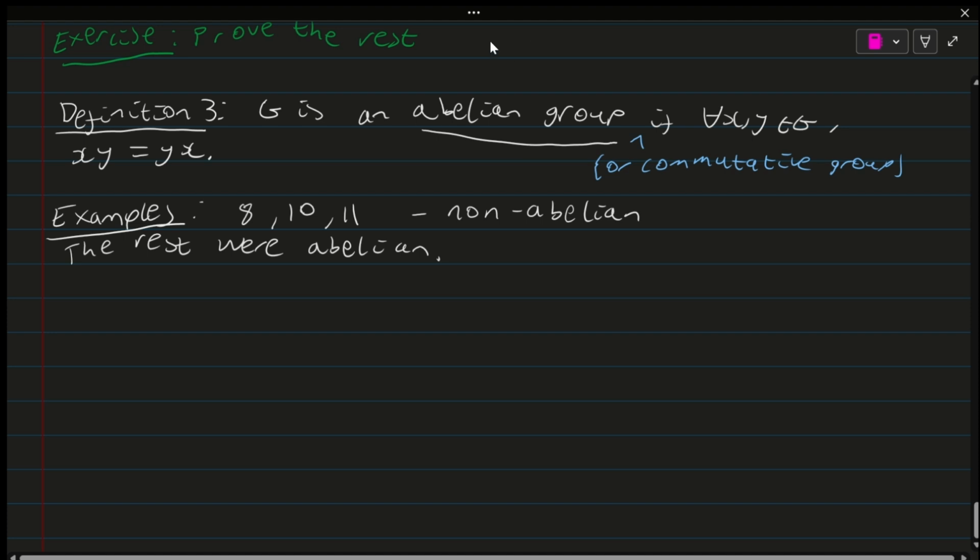Okay, final definitions then. And these are just words that we'll use throughout and it'll be useful to have a name for.